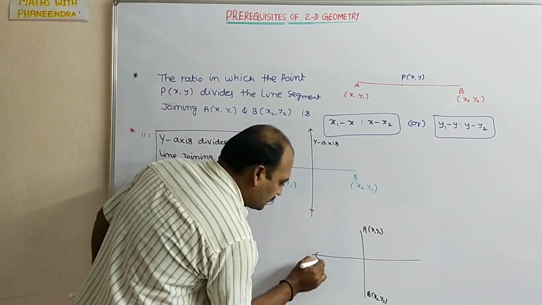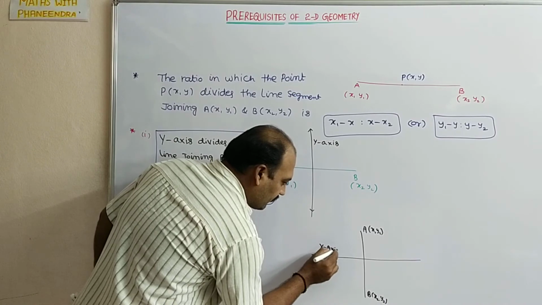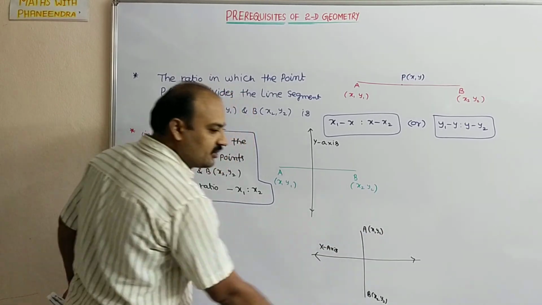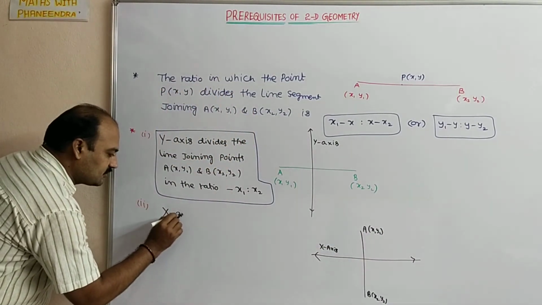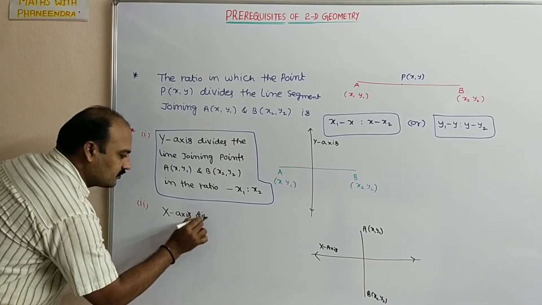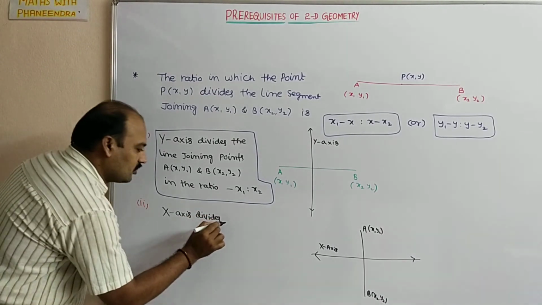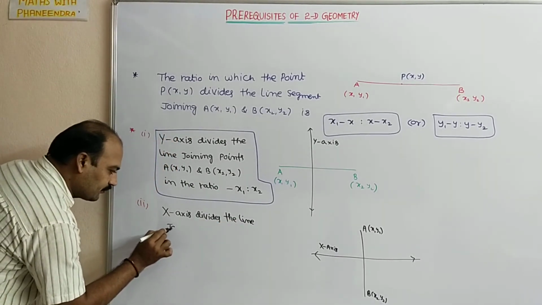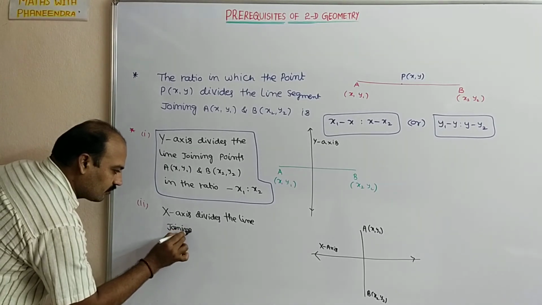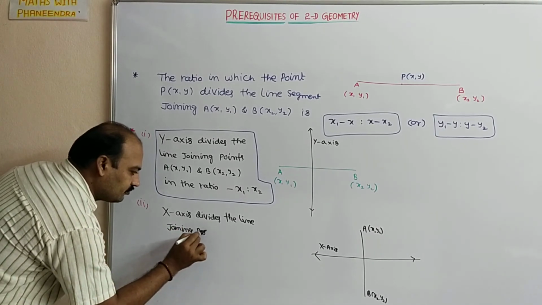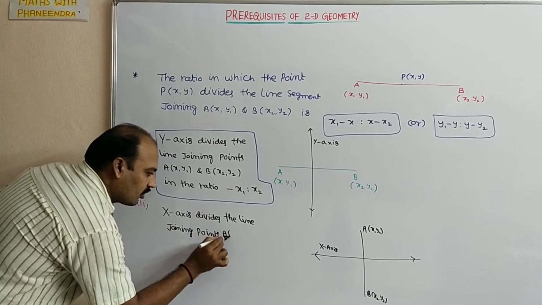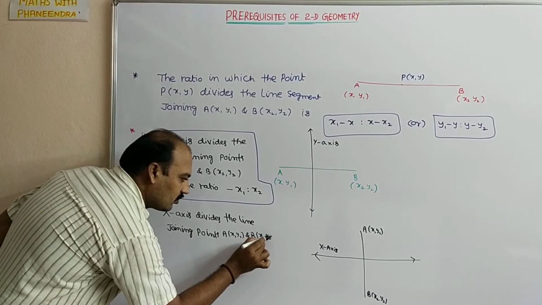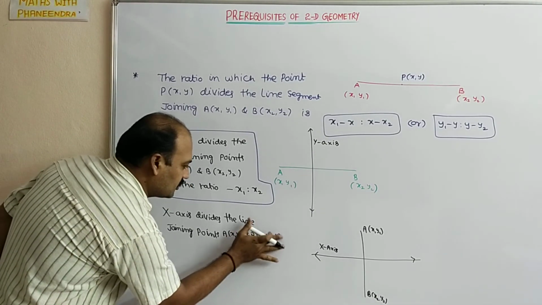This is the x-axis. The x-axis divides the line joining points A of x1, y1 and B of x2, y2 in the ratio.